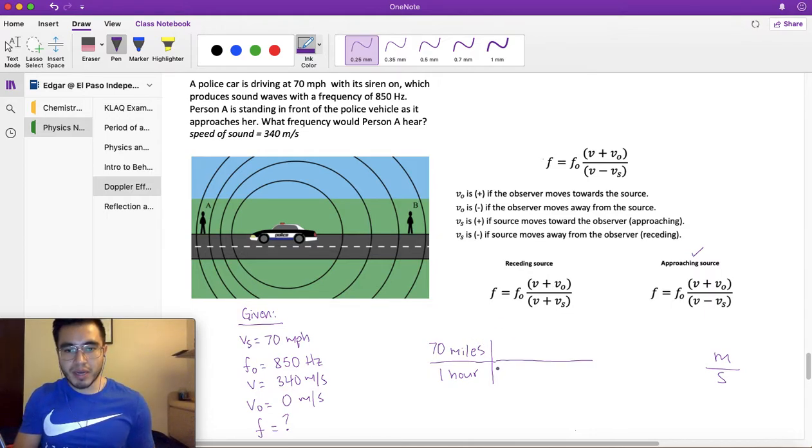So we write 1 mile. And we want meters on top, so 1 mile contains 1,609 meters. Now we have meters on top because we're going to cancel miles with miles. So check mark. And then we have hour on the bottom, so we need to cancel it with 1 hour on the top.